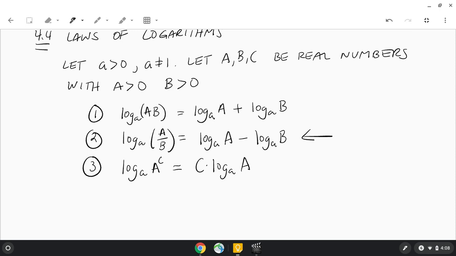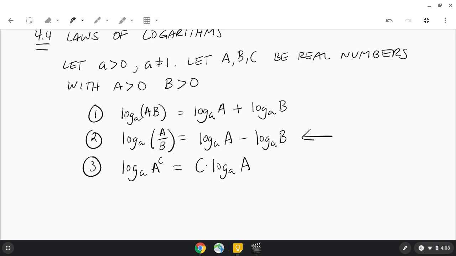And again, if you're given c times the log of a, be able to rewrite that as the log of a to the power of c. That second law, the one with the quotient, is really just a combination of laws numbers 1 and 3.